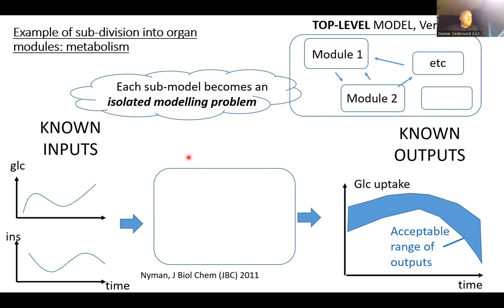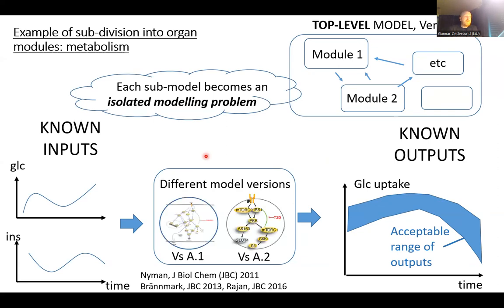So if you do it like this, then you can have different versions of the submodel for each module. So here we have two versions of the fat tissue that both take insulin and glucose as input and that calculate the glucose uptake. And do you see it here, version 8.1 has more states, it's more detailed, it has more information in it than version 8.2. And then version 8.3 might be either simpler or even more complicated, and so on.